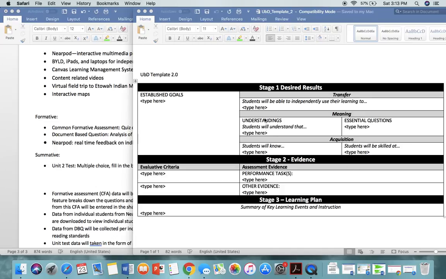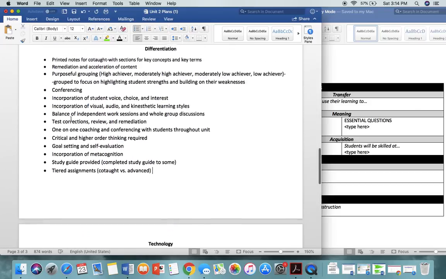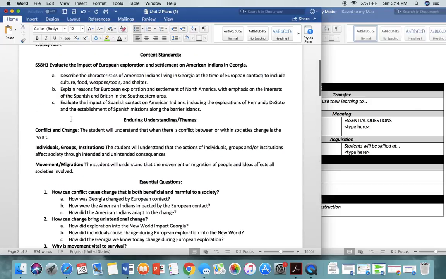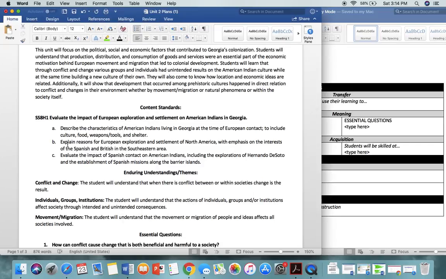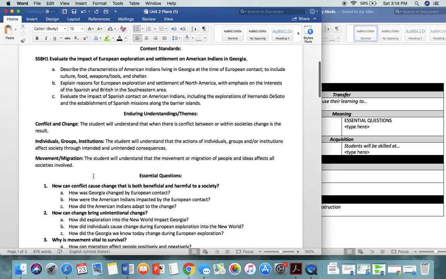So based off of this unit, I did not plan my unit very well. And I want to start moving towards that backward design, where I have those transferable skills, which I would say goes along with the enduring understandings and themes that I have here.